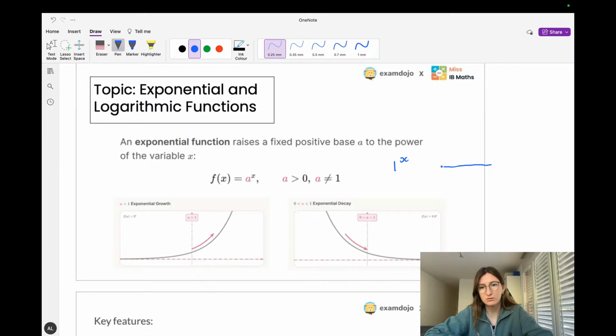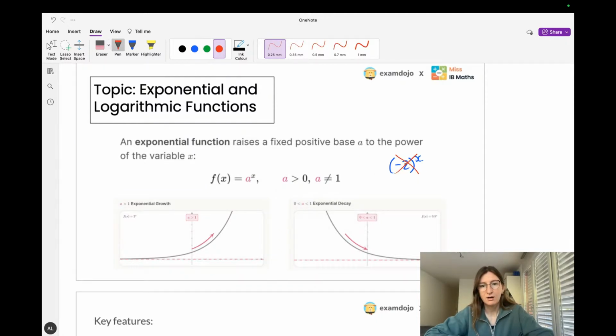So that's just going to form a straight line. I also cannot have something like minus 2 to the power of x. That's also not possible, because my a must be positive for us to have that exponential growth or exponential decay shape.